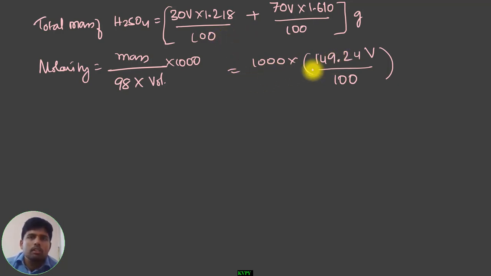So 1000 into mass divided by 98 into 2V. 2V is because we have volume of each sample taken as V. Very simple.